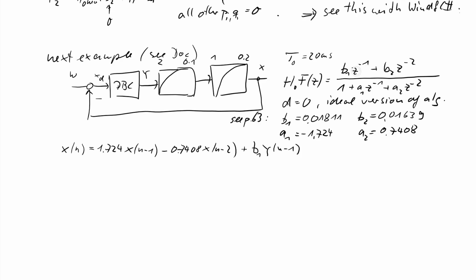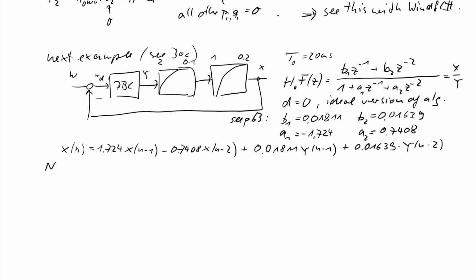Here we have a z to the power of -1. I want to have the numbers here. Plus 0.01811 y of n minus 1 plus 0.01639 times y of n minus 2. Yeah, because the process is x is the output and y is the input.